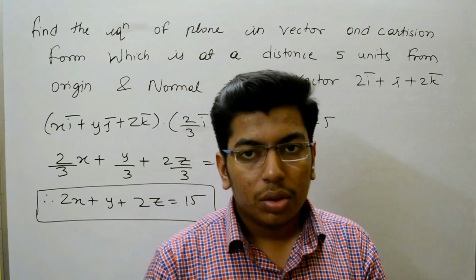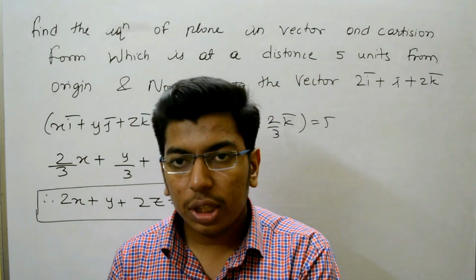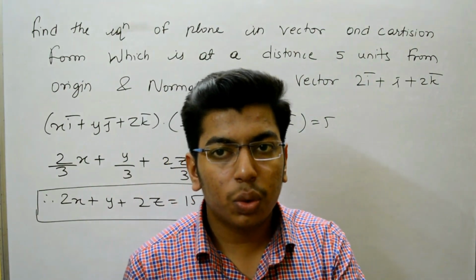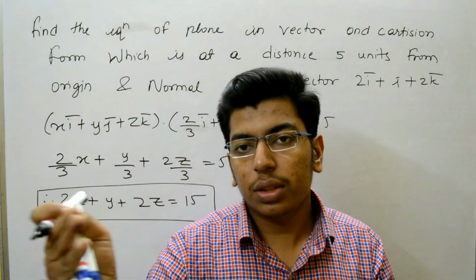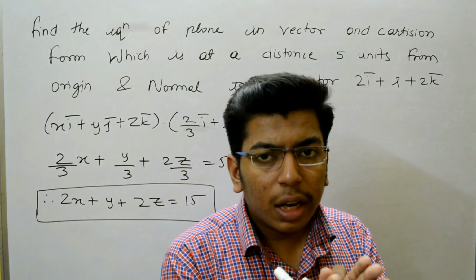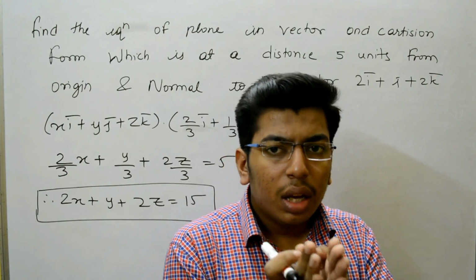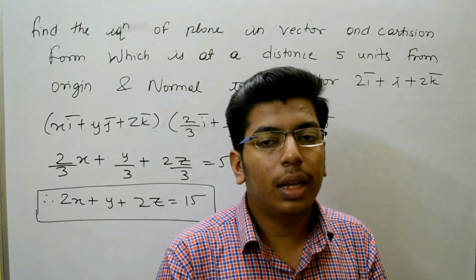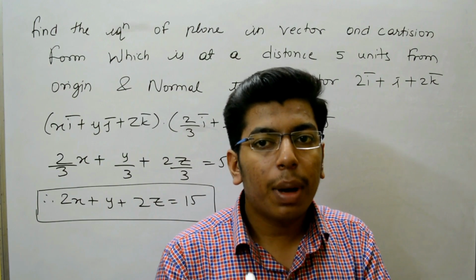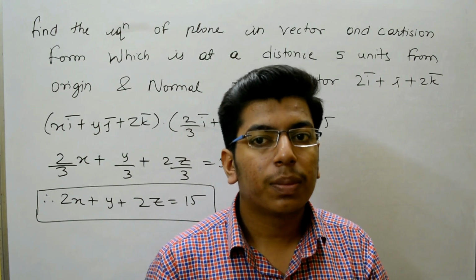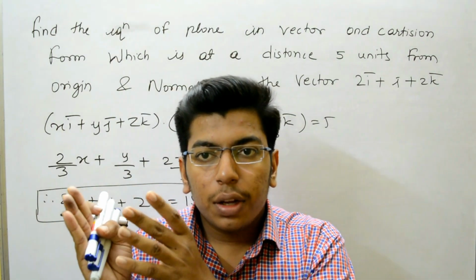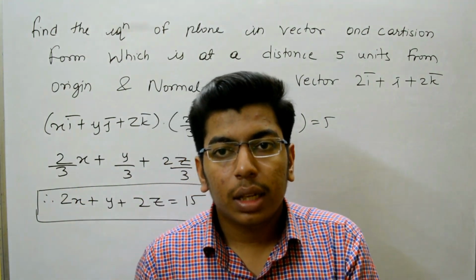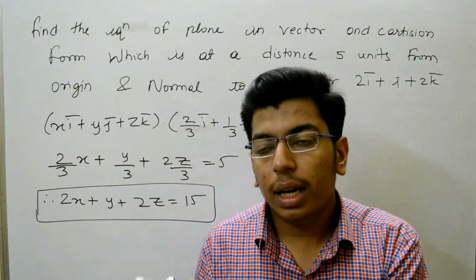So basically in this question we have to find 2 types of equation. One is the Cartesian equation and another is the vector equation. Vector equation means the equation which contains i bar, j bar and k bar terms, and the Cartesian equation means the equation that contains x, y and z terms.